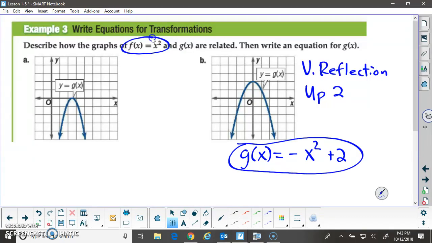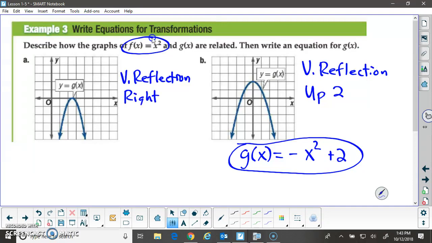Again, look at that negative sign. That's on the outside. It's not part of the squared. And then the plus 2 is also on the outside. So both of those are vertical transformations. When you come to part A over here, again, we've got a vertical reflection, and we also have a shift to the right.